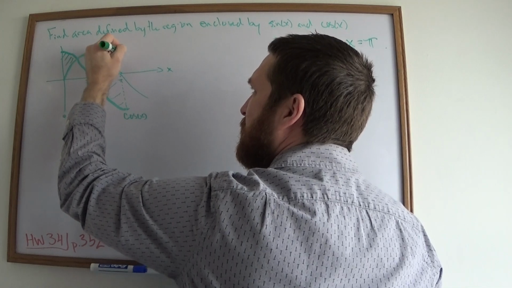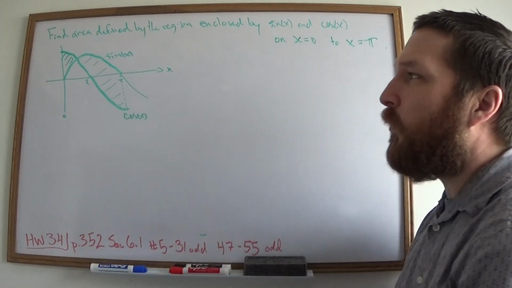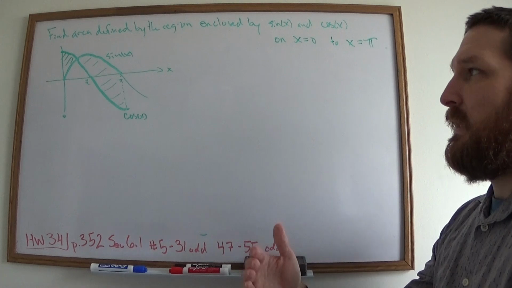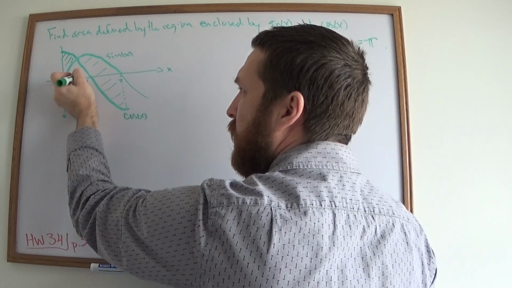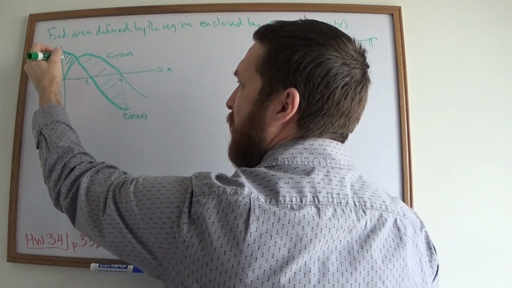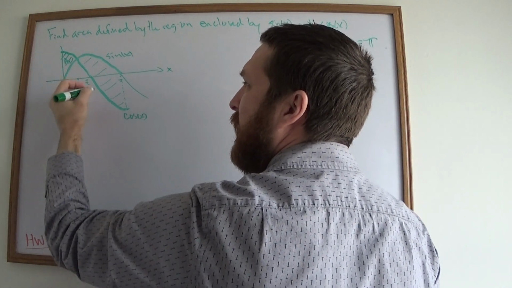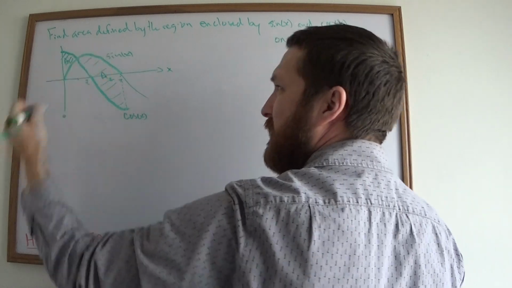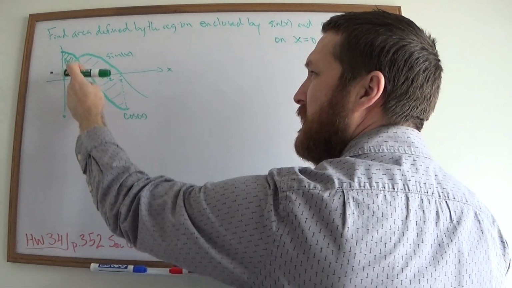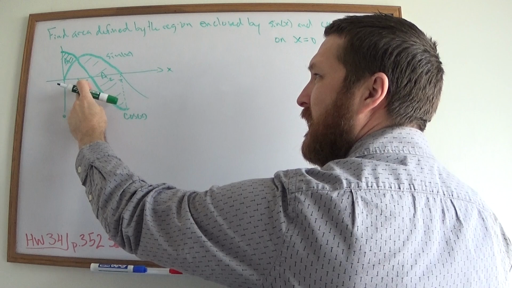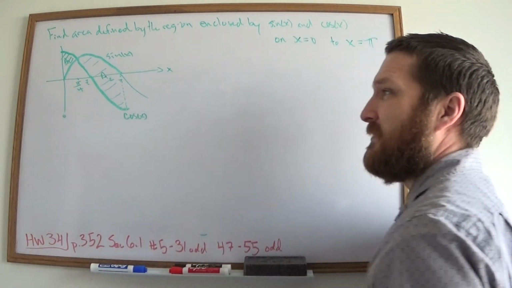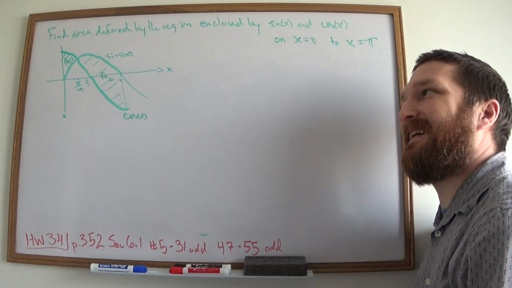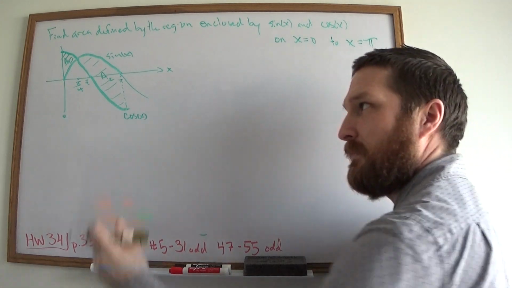So what I suggest is that you find where it switches. Let's call this area 1 and this area 2. Where do these two meet? Sine equals cosine at x equals pi over 4. Pi over 4 is where they're equal to each other.